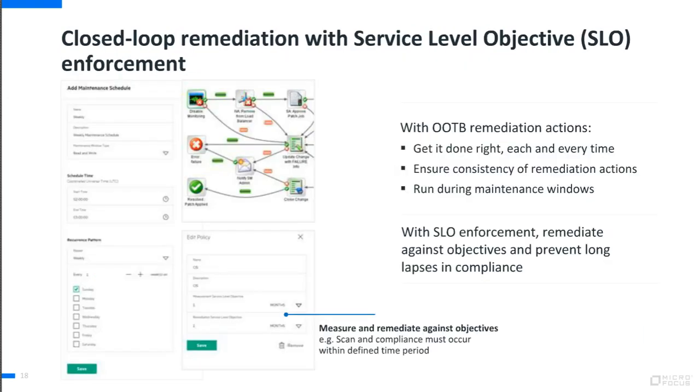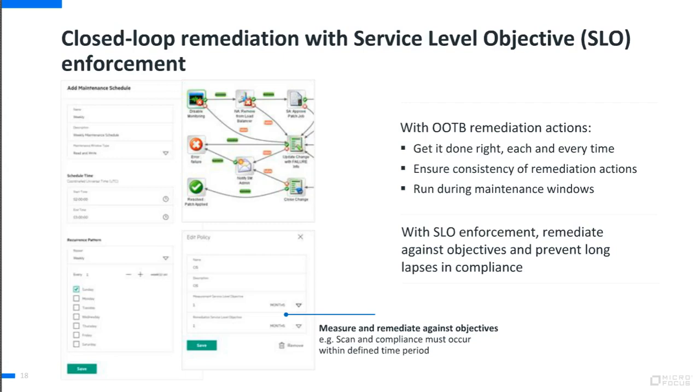So those are tied to the policy and include predefined compliance policies with scheduled maintenance windows. So say Sunday between 12 a.m. and 6 a.m. is when this resource can be remediated based on this policy. So it's all tied together in one neat package.